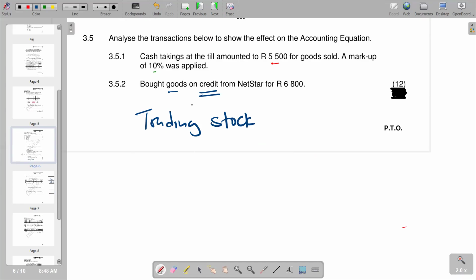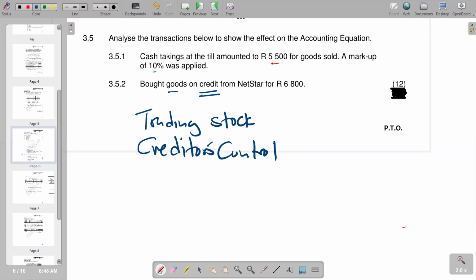When we buy on credit, remember we are supposed to open the name of the individual or business that we have bought from on credit. In this case, we have Netstar, and Netstar is part of our creditors because it's someone we are buying goods from on credit. So Netstar becomes our creditor, so it's part of our creditors control.